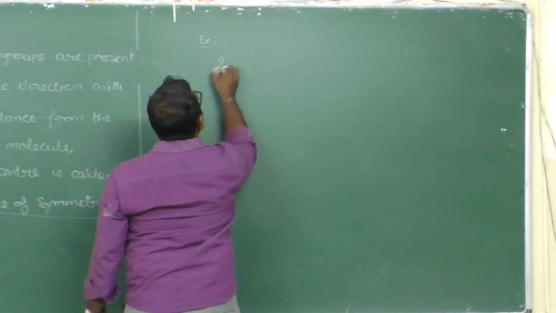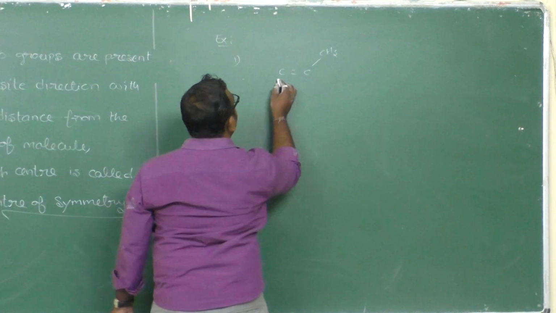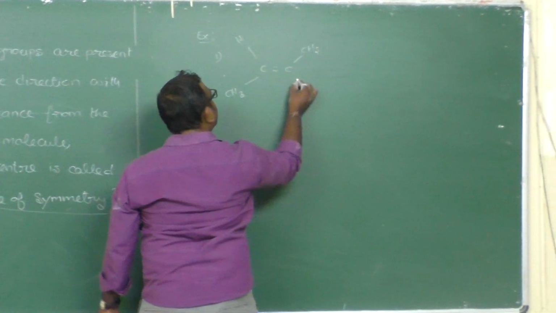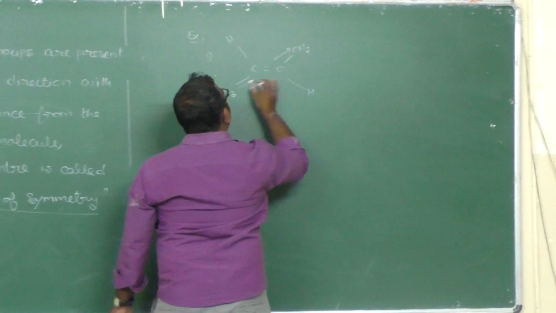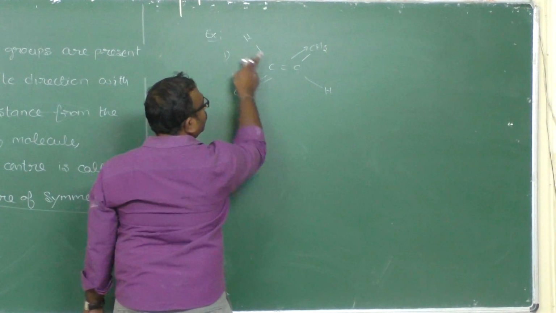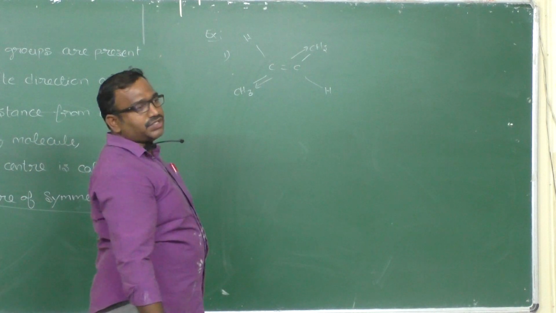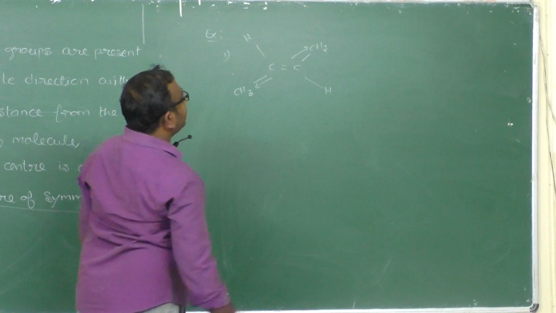Example, C double bond C, CH3, CH3, H, H. Here, two methyl groups are present in opposite direction and two hydrogen atoms are present in opposite direction. So, this molecule possesses a center of symmetry.